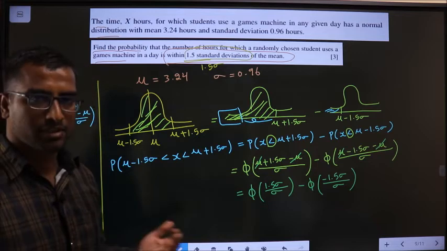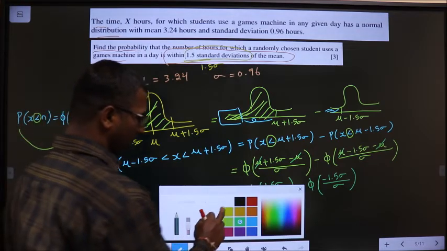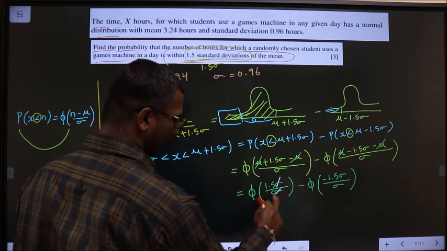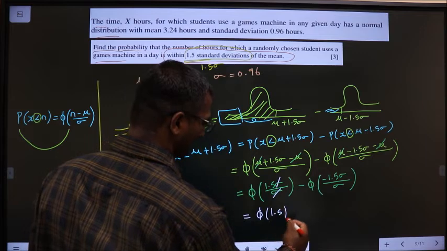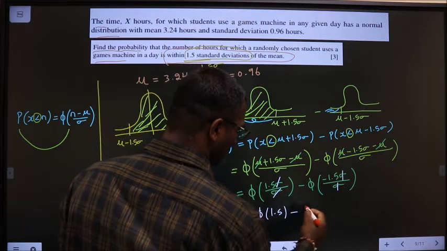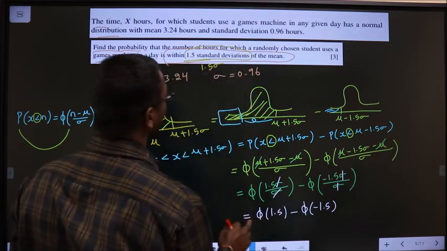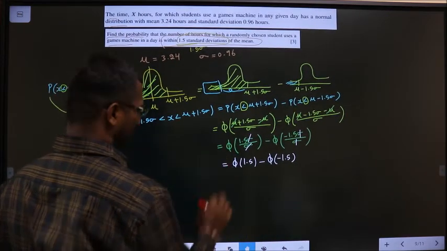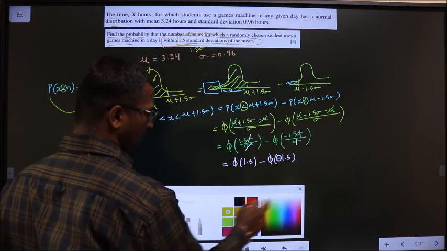Next, furthermore, does anything cancel out? Yes. And that is standard deviation and standard deviation. So you are left with phi of 1.5 minus, same here, cancel out, you are left with phi of minus 1.5. Now, we have to make this into positive.